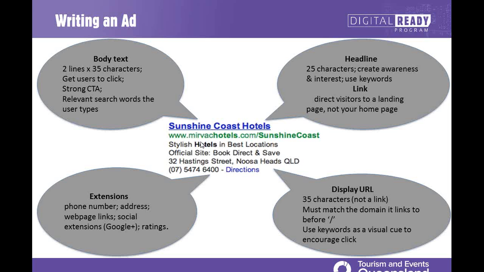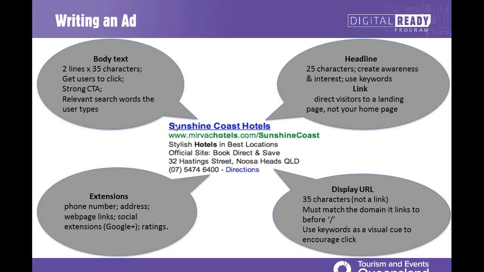So again, I've got hotels in here, you could have accommodation in here, you could have Sunshine Coast, etc. So that's your basic ad, and then I've got an extension here which is a phone number and the address and a link to getting directions. Now there are many other extensions we can use, but this one has chosen to have their address and a phone number in there as well.